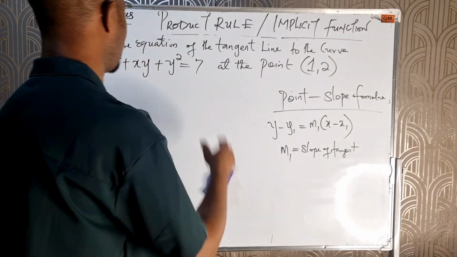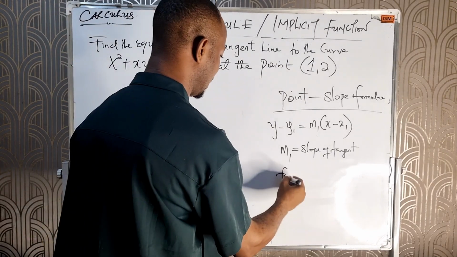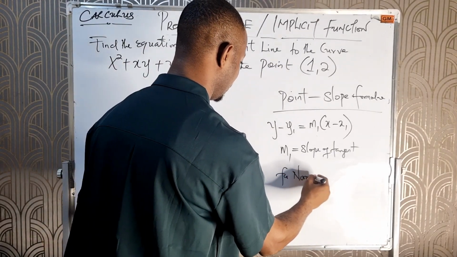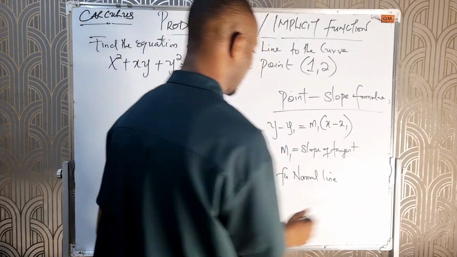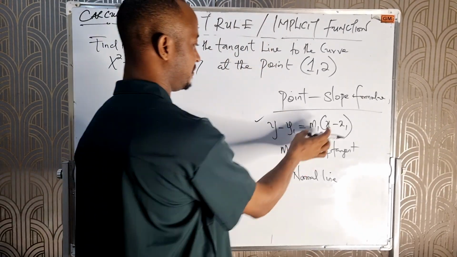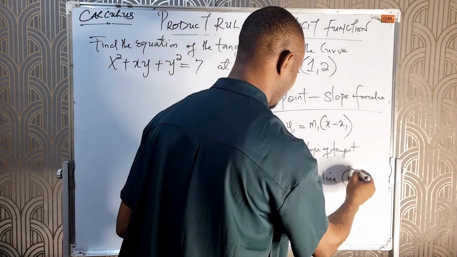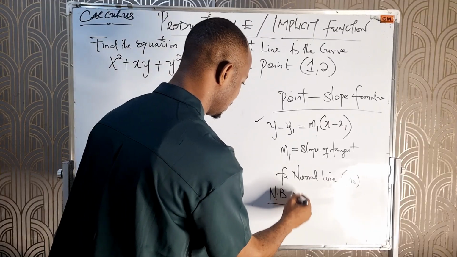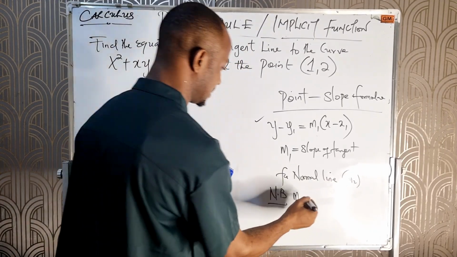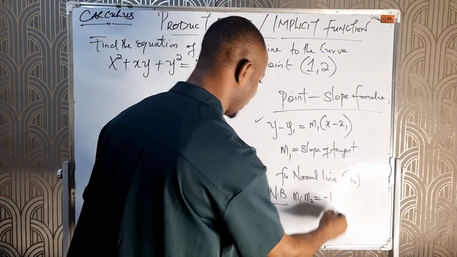If the question says find the equation of the normal line to the curve, I will still use the same formula, but in this case I will find the slope of the normal. The slope of the normal is m2, but you must note that the product of the slope of the tangent and that of the normal equals -1.